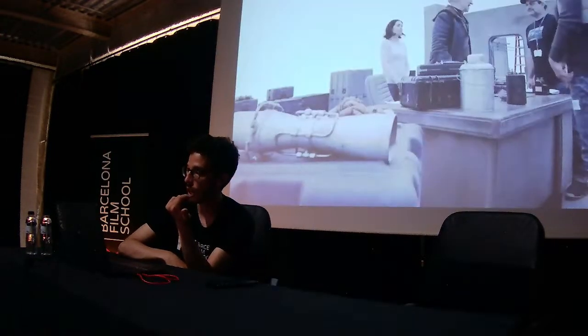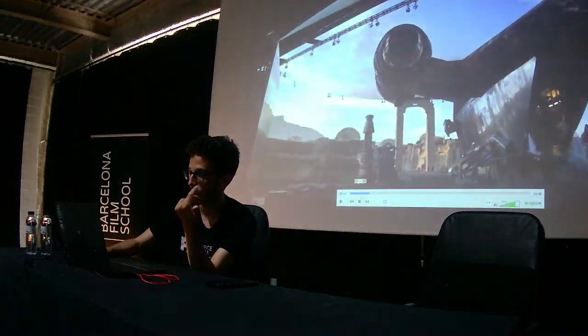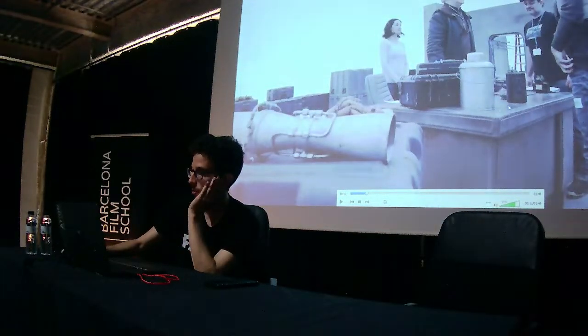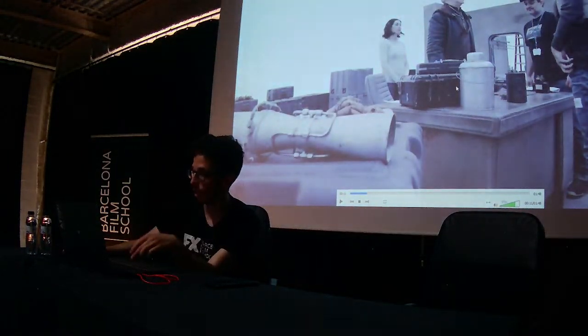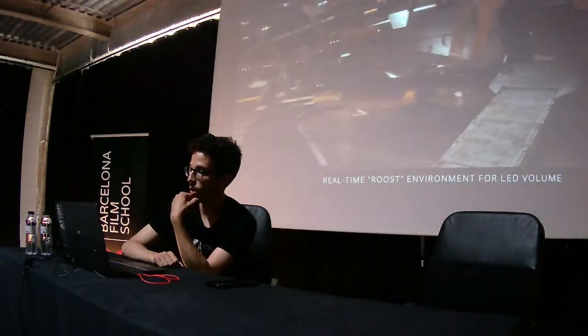And also, as I was saying before, so for example, this you can see here. So it's mostly real stuff in the front with an actor, and then on the background, just Unreal Engine 5 working in real time. You can change the weather, you can change the light.